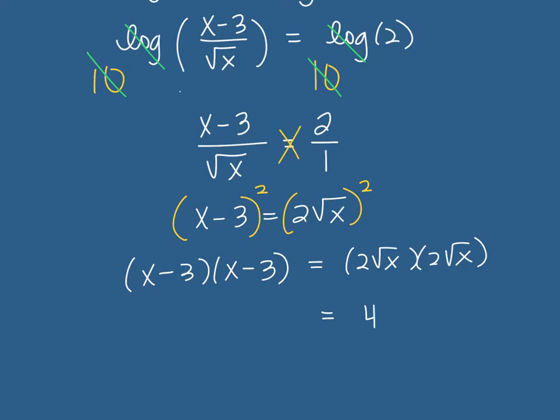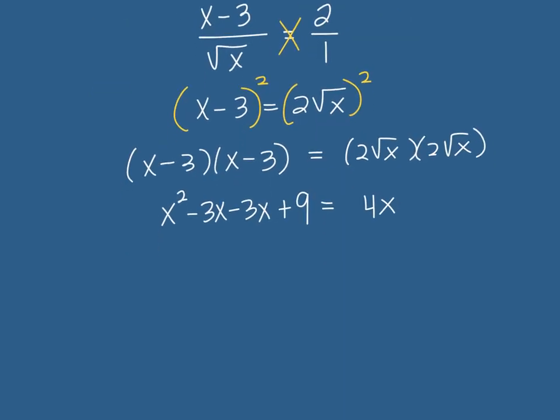So this side would just become 4 regular x. 2 times 2 is 4. Rad x times rad x is regular x. On the FOIL side, we have x squared minus 3x minus 3x plus 9. Then I want to set that equal to 0. Let's see, let's group the like terms together first.